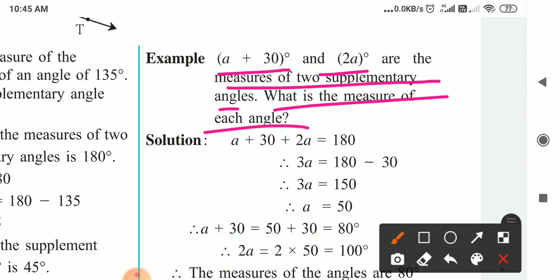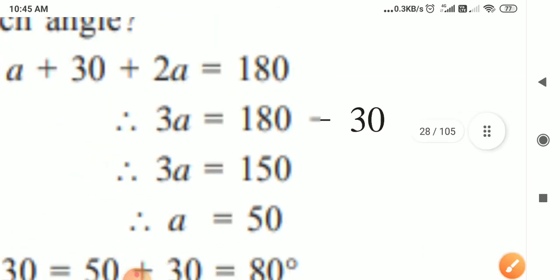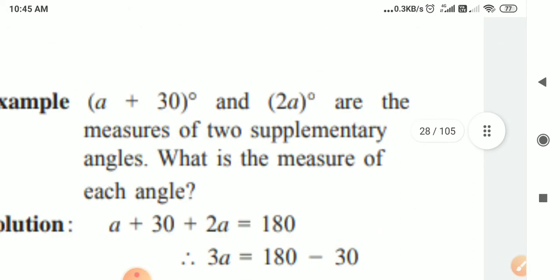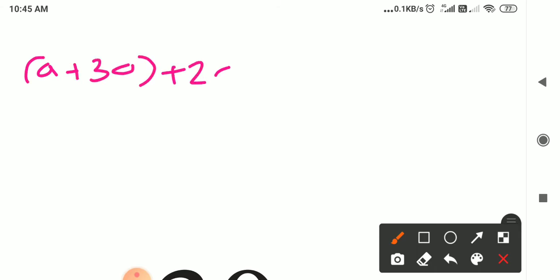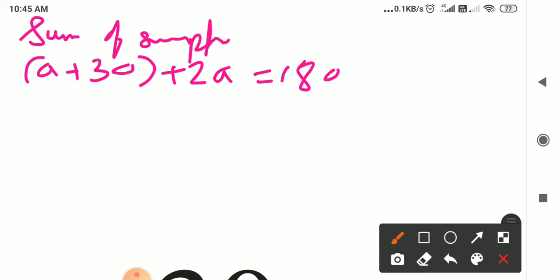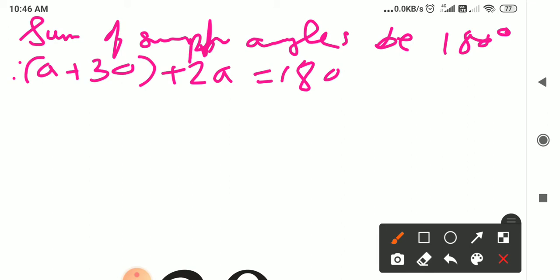First we write that the sum of measures of supplementary angles is 180 degrees. Therefore a plus 30 plus 2a equals 180.